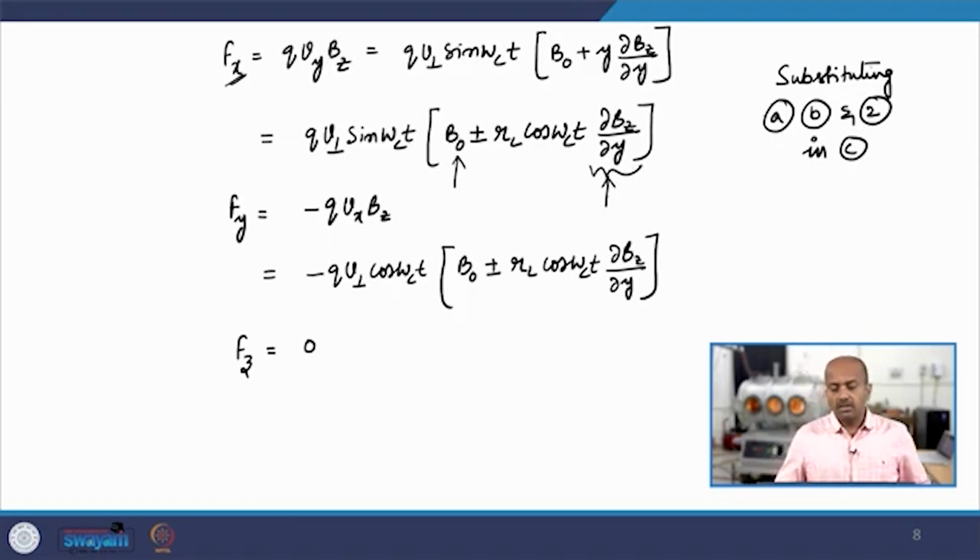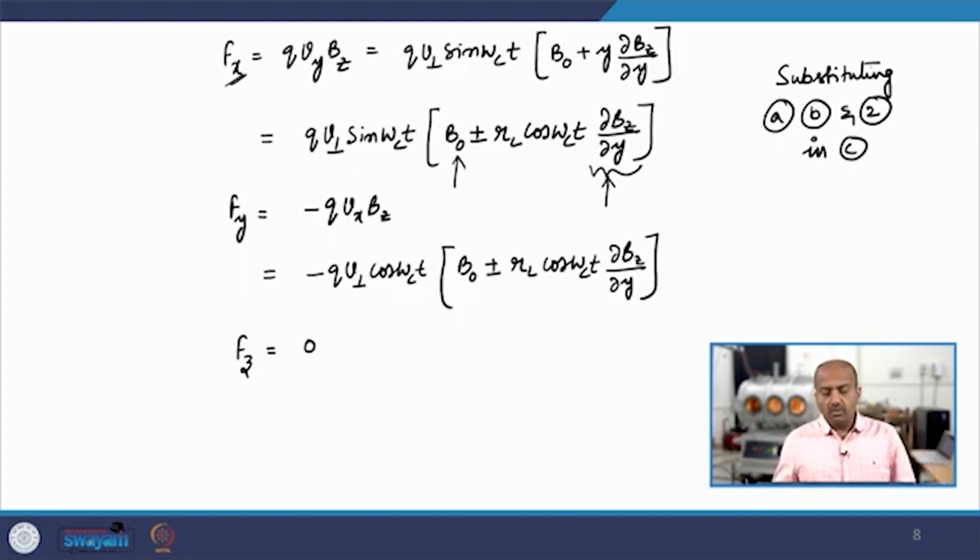Plus minus is there to accommodate the polarity of the charge, but otherwise one thing is clear, we have an additional term appearing in the force expression which conveys that the particle is experiencing additional force because of the gradient or change in the magnetic field. So, Fx, Fy, Fz are the magnitudes of the forces.